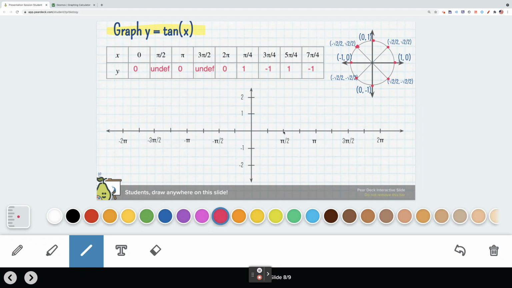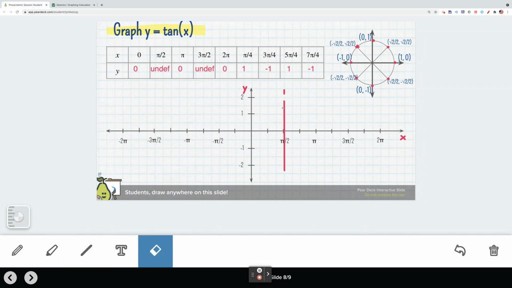So at x equals, and by the way, this is x, and this is y, at x equals pi over 2, I have a vertical line that the curve will approach but never quite reach. And I like to make a dotted line. So with my eraser, I put a couple of erasures so it looks like a dotted line.